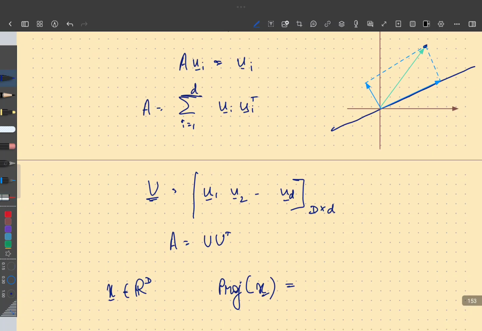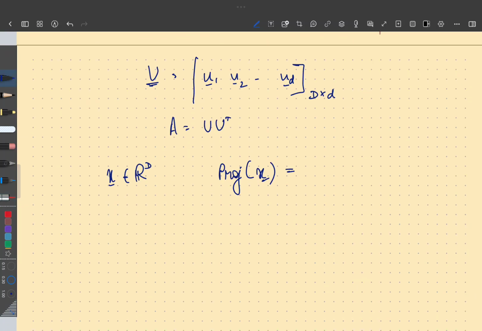So in general, if I have d orthonormal vectors, then what is the projection of x equal to? Yes, summation i equal to 1 to little d, inner product between the vector x and ui.